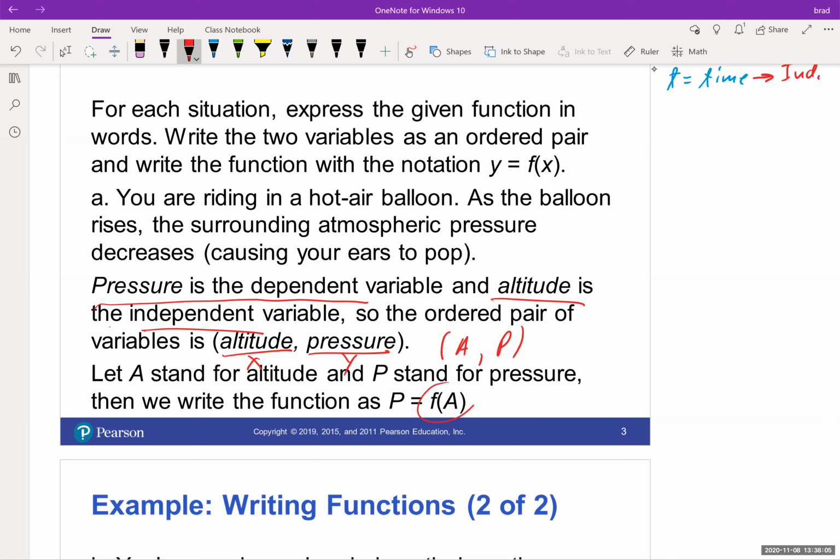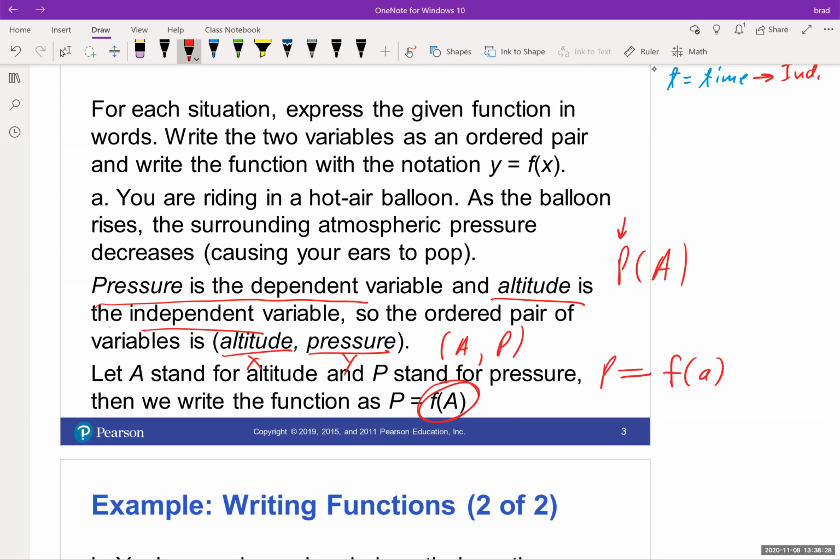So once again, you're rewriting p and you're saying that it will equal the pressure, okay? But what's another way to say pressure based on altitude? f of a, okay? Or I would probably write it like this, p of a, myself personally. I would say pressure based on altitude, okay?